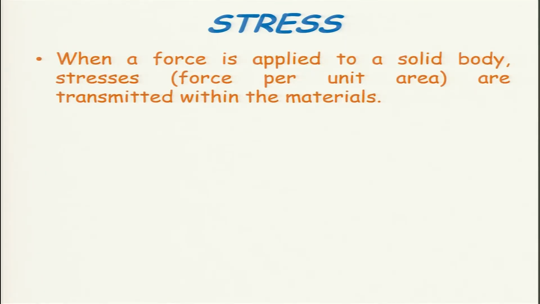So, stress: when a force is applied to a solid body, stresses, or forces per unit area, because we usually take stress as the force we are applying per unit area, are transmitted within the material.